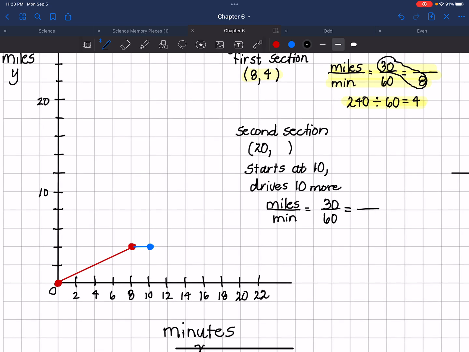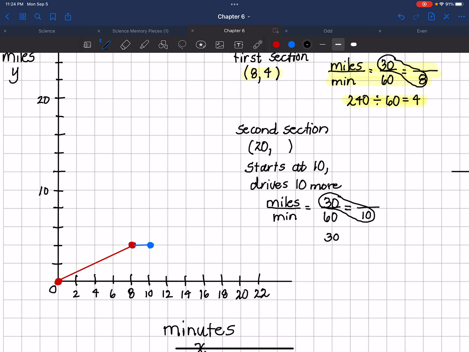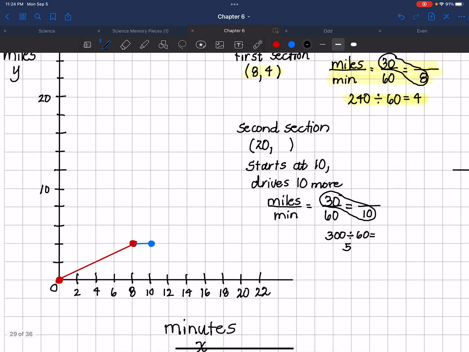We just want to know from 10 minutes to 20 minutes. So that is 10 minutes that she's actually driving. So we'll say 30 times 10, that's 300, divided by 60 is going to be 5. So that's going to be 5 more miles that she covered.